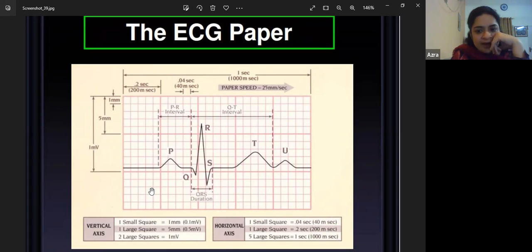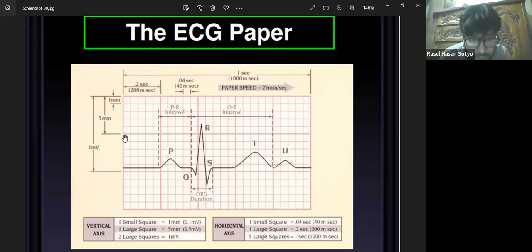One large square is 0.2 second, and this graph is plotted on 5 large squares: 1, 2, 3, 4, and 5. So 5 large squares is 1 second. So it is clear that the horizontal axis shows the time period, the time duration.